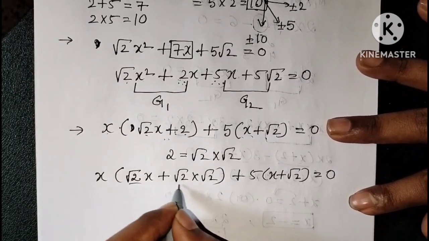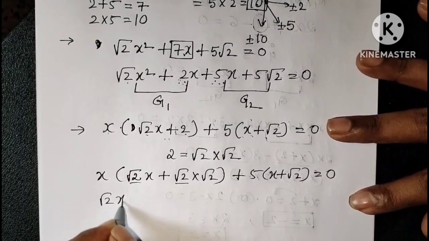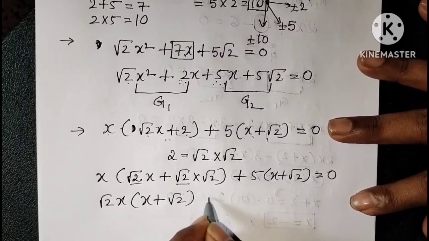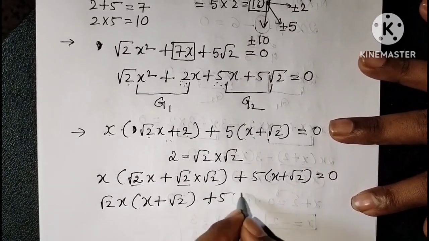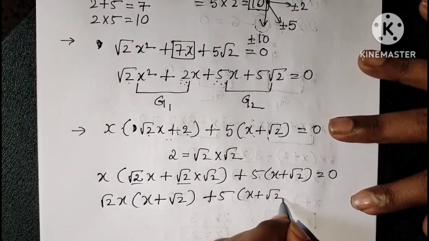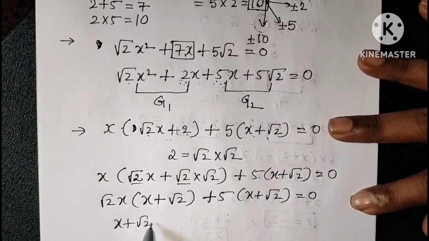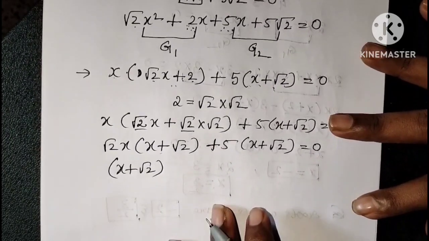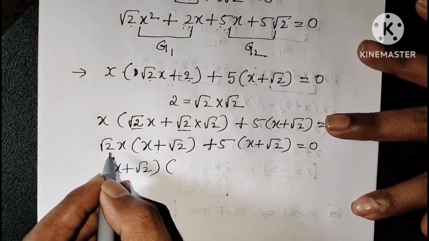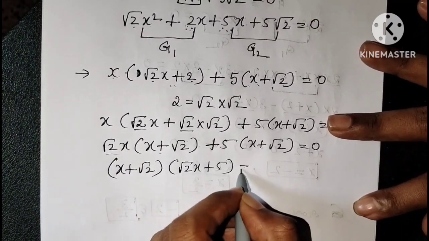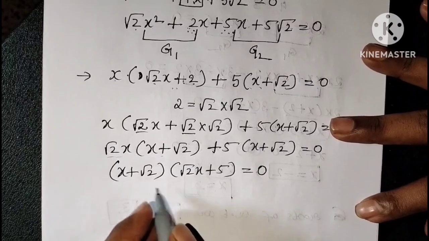So now take out root 2 common. So root 2x, here x plus root 2 plus 5, x plus root 2 is equal to 0. So now take out x plus root 2 and what is the remaining thing here? Root 2x plus 5 is equal to 0. This product is equal to 0.